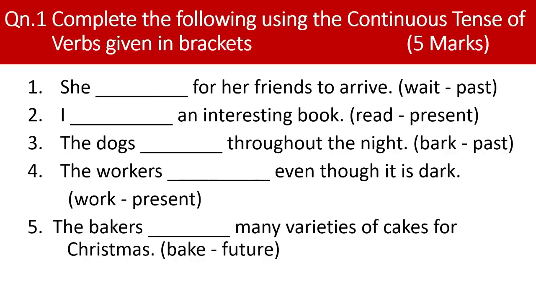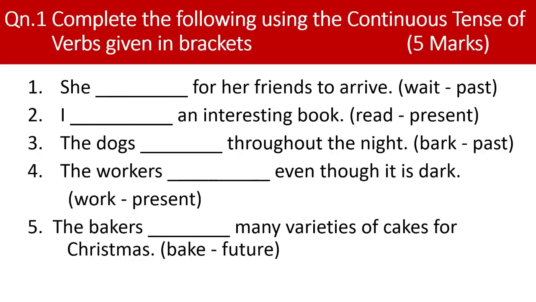Second sentence. There's a blank, an interesting book. The verb is read and the tense is present continuous. Read present continuous, you have to fill here. Third sentence, the dogs, you have a blank, throughout the night. The verb is bark, and what you have to fill is past continuous of bark.